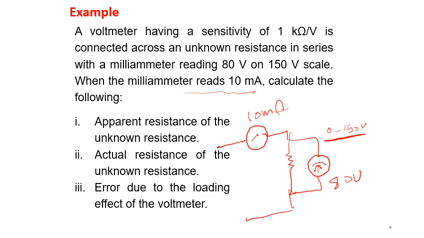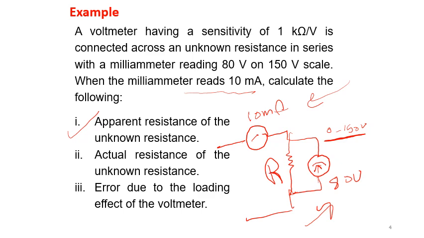Calculate the following. First of all, the apparent resistance, which is usually calculated from the measured voltage and the measured current. Then the actual resistance.